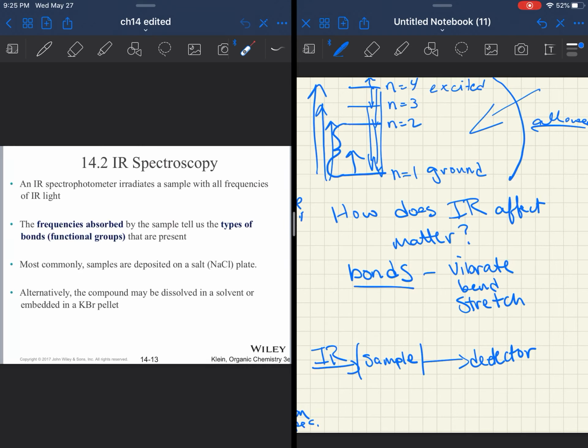And that type of bond is not going to absorb IR in any of the same places as the covalent bonds that we're studying. So there's different instruments where the setup of the experiment might look a little different, but overall, you prepare it in some way, shine IR through it, detect what comes out the other side.